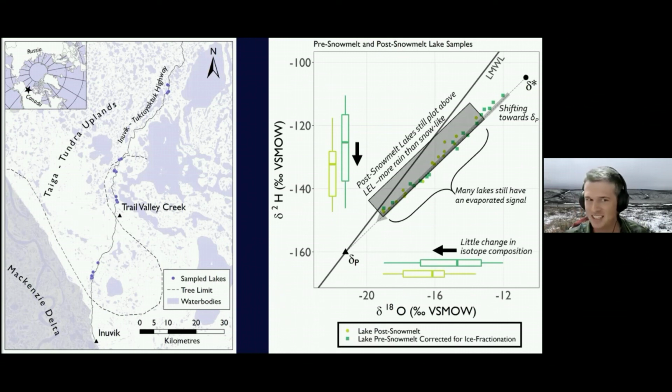If you think back to how we calculate water source, taking a line from delta star through one of these post-snowmelt points until the local meteoric water line gives you a source that is more rainfall-like than snowfall-like, which is a bit peculiar because we sampled immediately before and right after all the snowmelt had just occurred.